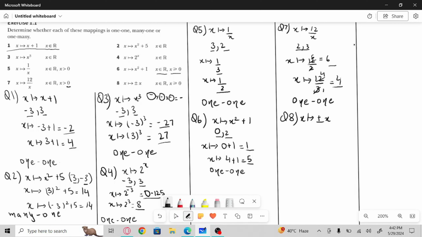Now for any random input, again 5 and 6, x is mapped to plus minus root 5 and x is mapped to plus minus root 6. Here for one input we are getting two outputs, and for another input we are getting another two outputs. So this is a 1-many mapping.